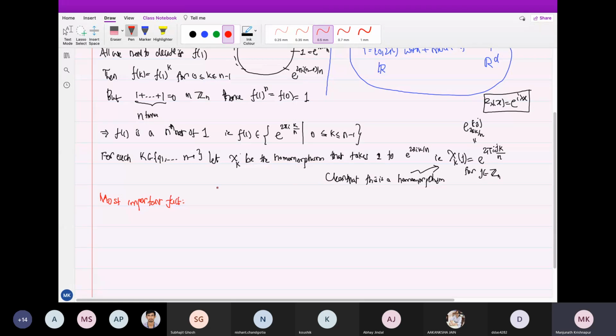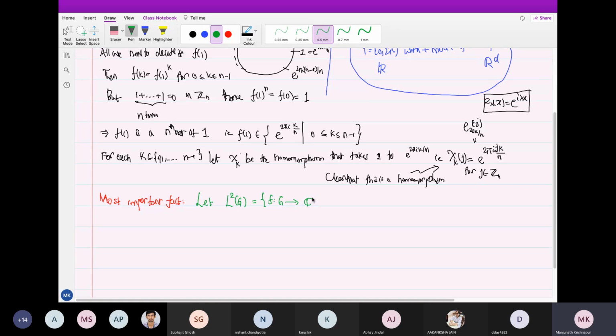Okay, so let's introduce some notation, which can be avoided here, but there's no need to avoid. So let's write L2 of G to denote the set of all functions from G to the complex numbers.